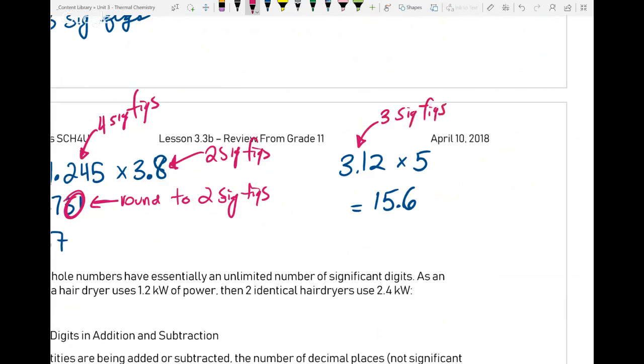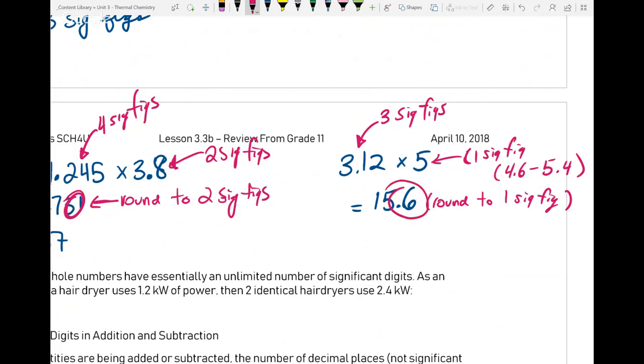But when we say multiplying by 5, don't forget, this is only 1 sig fig, which means this could be anywhere between 4.6 all the way up to 5.4. We don't know what that number is. And so the rule is, if we only have 1 sig fig here, we've got to round this to 1 sig fig.